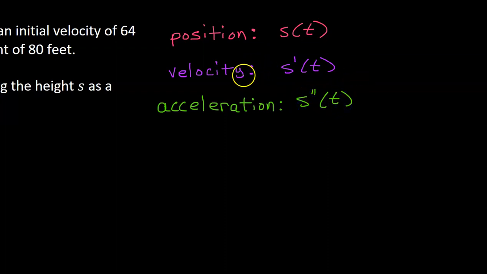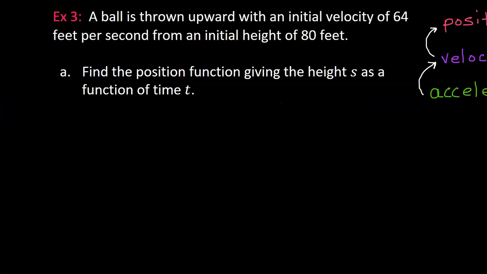In other words, velocity is the derivative of position, and an acceleration function is the derivative of velocity. If ever I needed to go in reverse, if I needed to go from acceleration to velocity, I would have to take the integral. If I wanted to go from velocity to position, again, I would have to find the antiderivative. I would have to find the integral.